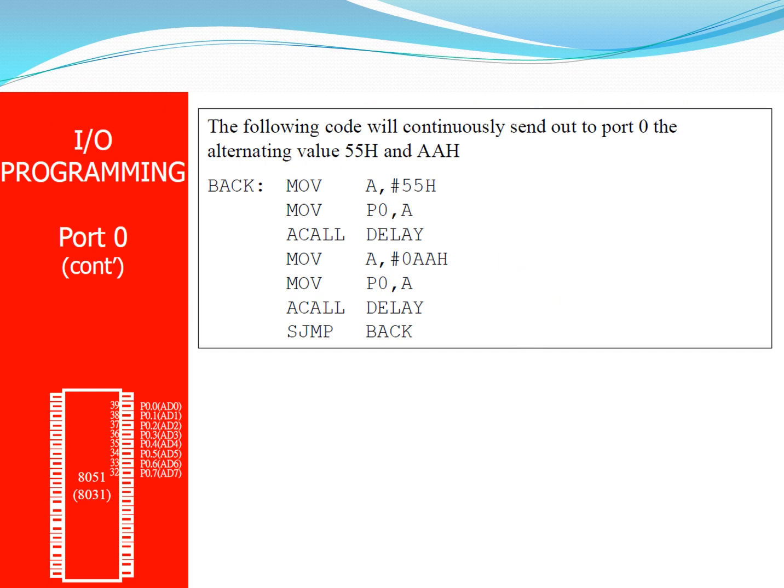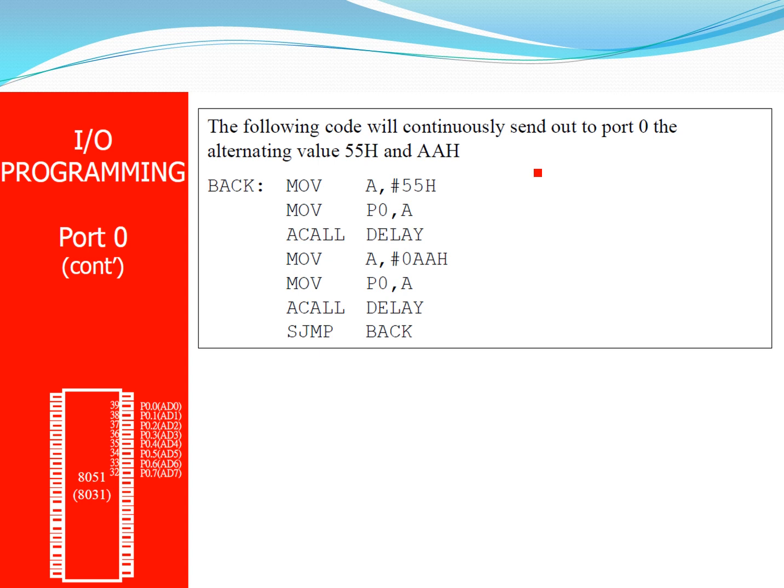Okay, let's consider this program here. The following code will continuously send out to port 0 the alternating values 55H and AAH. So here we are sending the alternating values, 55H and AAH, continuously to port 0.